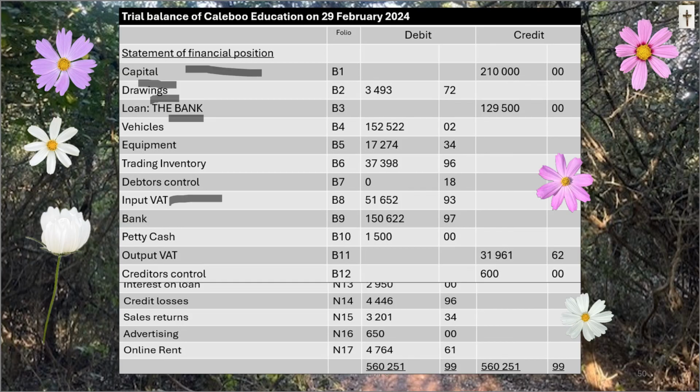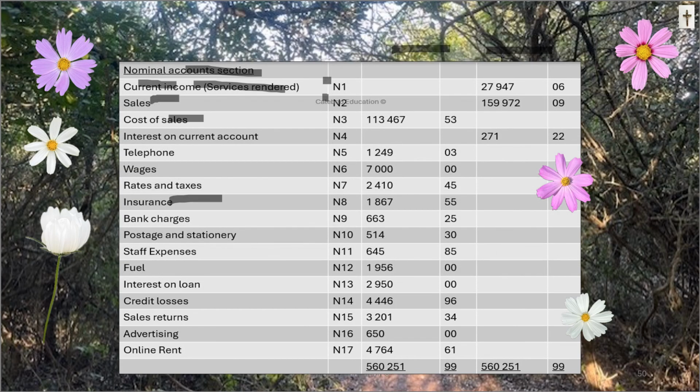All these accounts have folio references, in this case here B1, B2, B3, which stands for balance sheet accounts, and all these accounts either have a debit or credit balance according to the accounting rules that we followed. There are two sections in this trial balance. There's the statement of financial position section, and below that, let me just move on, is the nominal accounts section.